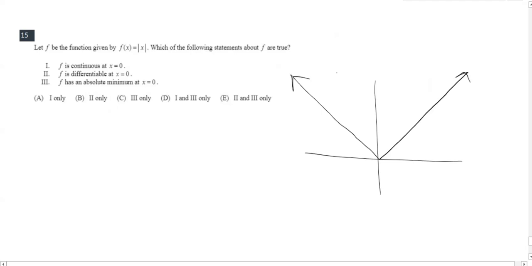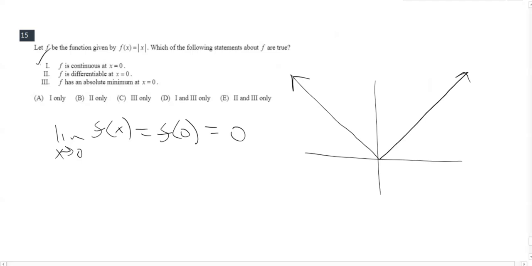It's continuous at x equals 0 because the limit as x approaches 0 of f of x equals f of 0, and those are both equal to 0. So it's continuous. However, since we have a corner there, the function is not differentiable at 0, but that is the absolute min of the function. So it's 1 and 3 only, which is choice D.